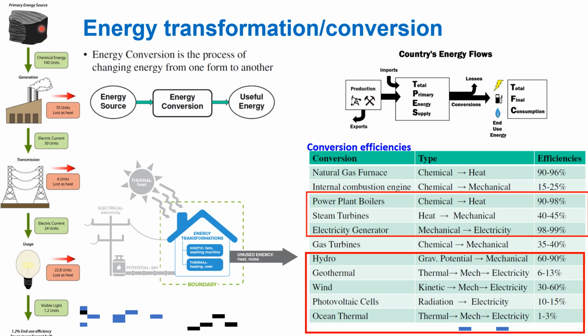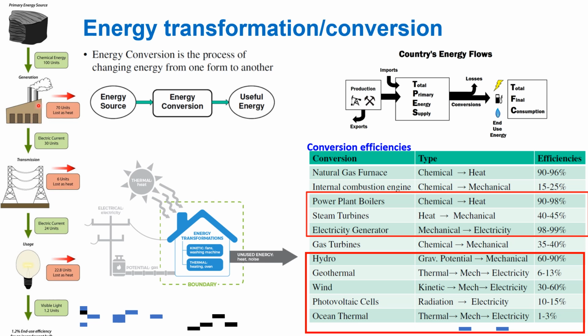Once the stored energy is processed and used as a fuel to generate power in a power plant, then along the way, from 100 units of energy, about 70 units is lost as heat during the processing. So what happens is that only 30 units of energy is remaining.